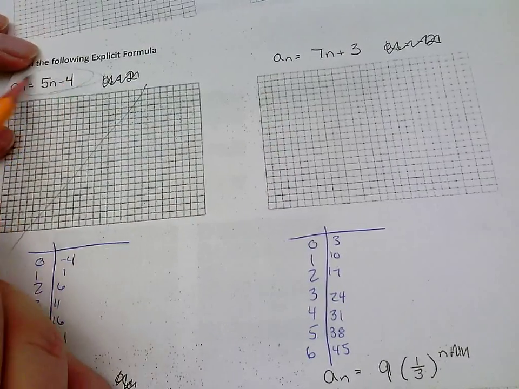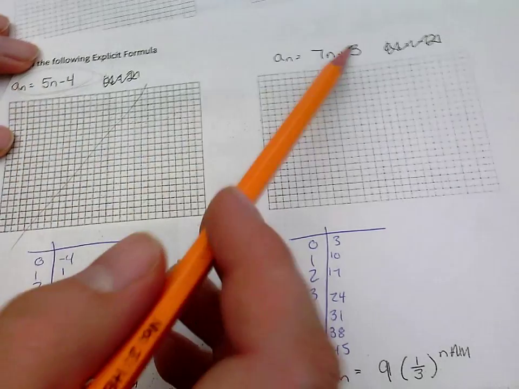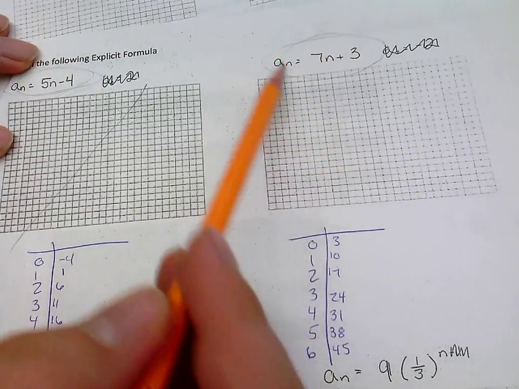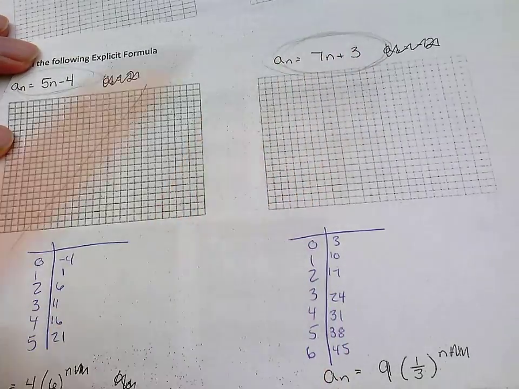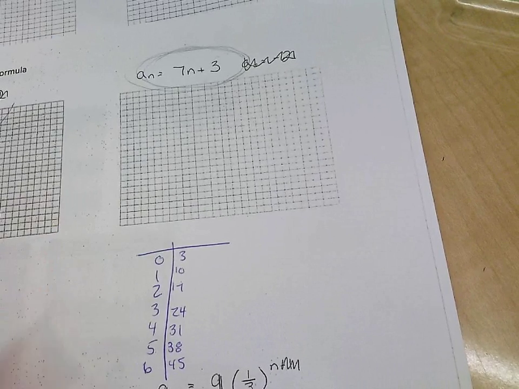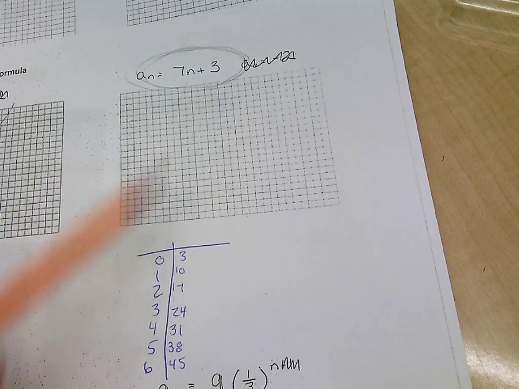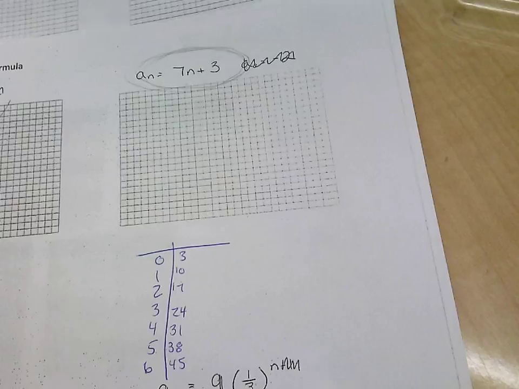The reason why it's going to give you a straight line is because this is what arithmetic looks like as an explicit formula. So these two things are arithmetic. Now, same idea here. All I did was plug the numbers in for n. So it'd be 7 times 0, which was 0 plus 3, so on and so forth.